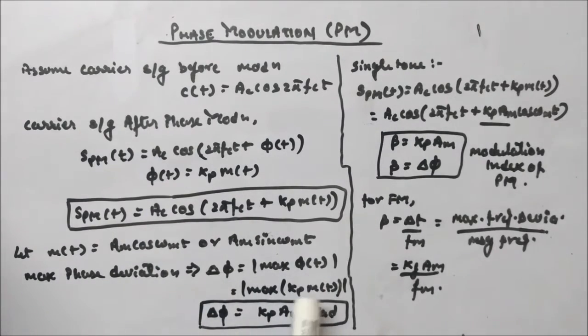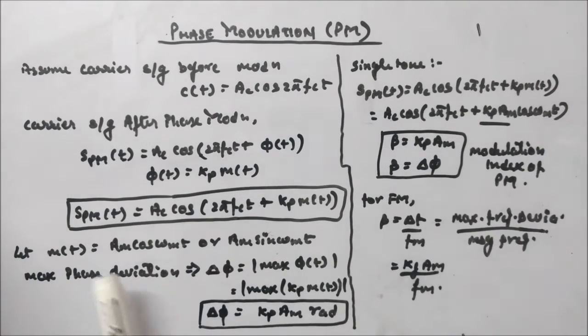If you plug in the value of φ(t), that is Kp into m(t), Δφ comes out to be Kp into Am, since the maximum value of m(t) is Am. So this is in radians. Δφ is equal to Kp into Am radians for m(t) equal to Am cos ωm t or Am sin ωm t, and Δφ is your maximum phase deviation.